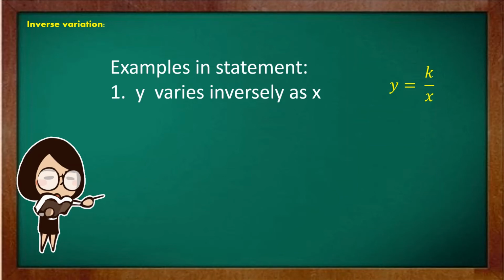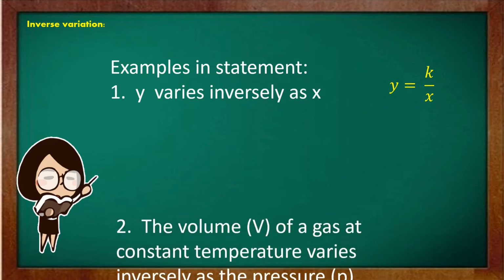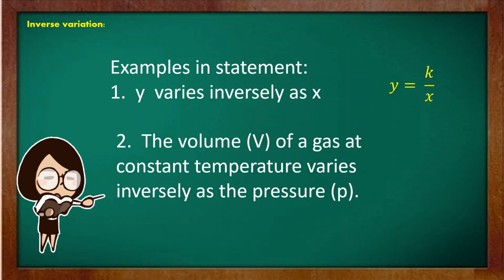The second one: the volume V of a gas at constant temperature varies inversely as the pressure P. How can we write that? We have V is equal to k over P. Inversely, so over P. So that is the example in a statement.